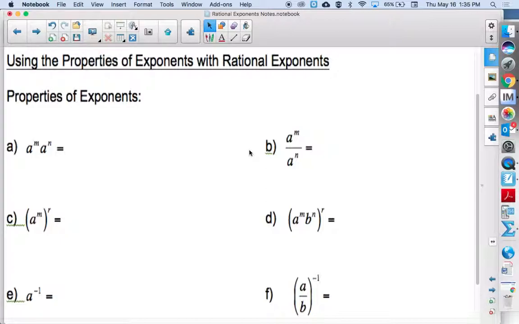I had this identical same 6 properties last year in algebra 2, and you've probably seen the identical 6 properties back in algebra 1. So Cade, if you have a to the m, a to the n, what do you do with the exponents? How do you put them together?